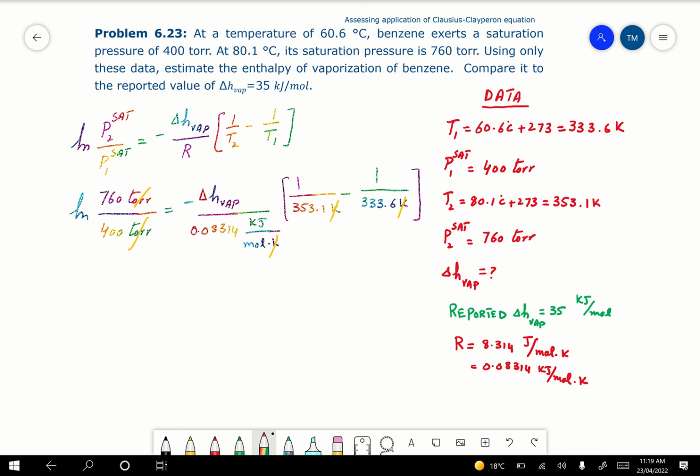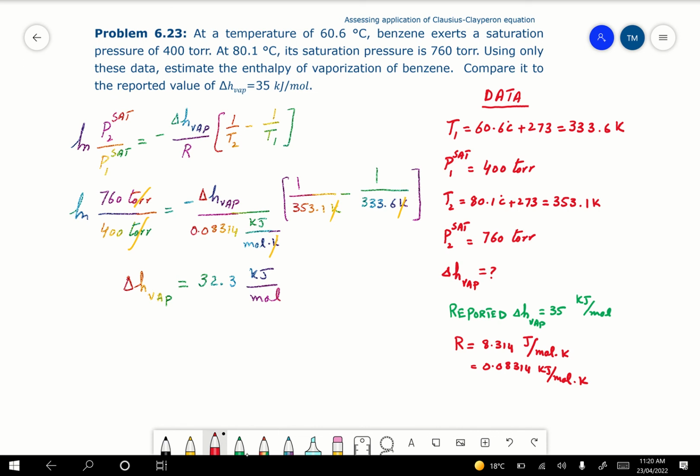So basically delta H of vaporization, because if you see this equation, we have only one unknown, and if we solve this using your calculator, you will get the answer approximately equal to 32.3 kilojoule over mole, because that's the only unit remaining here.